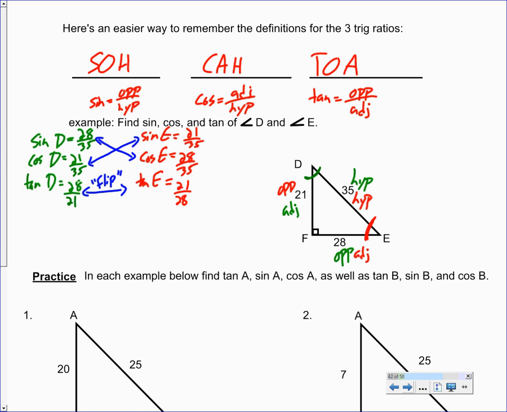So this gives us two properties for sine and cosine of these special kinds of angles. If D and E are the two acute angles in a right triangle, together they have to add up to 90 degrees to make the whole thing 180, which means D and E are complementary angles.